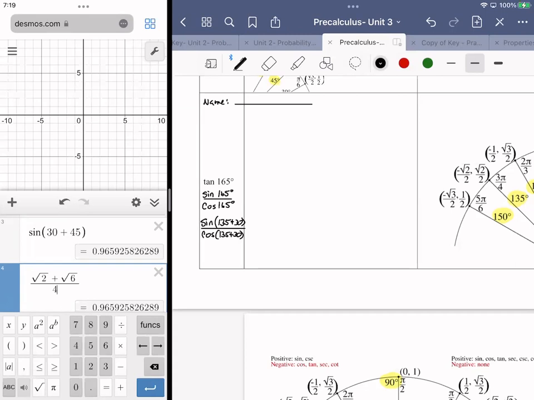So we have two rules that are going to be in play here. I'm sorry, the sum and difference identities. So I'm just rewriting them again, and so are you.